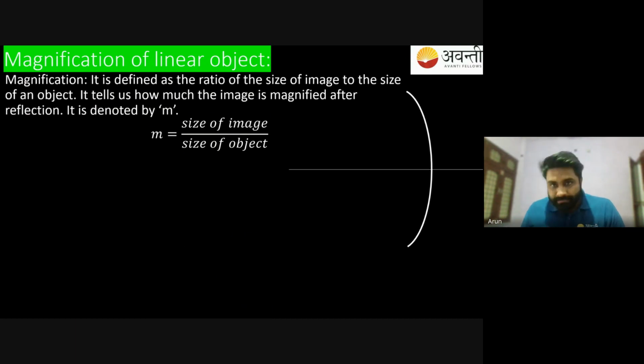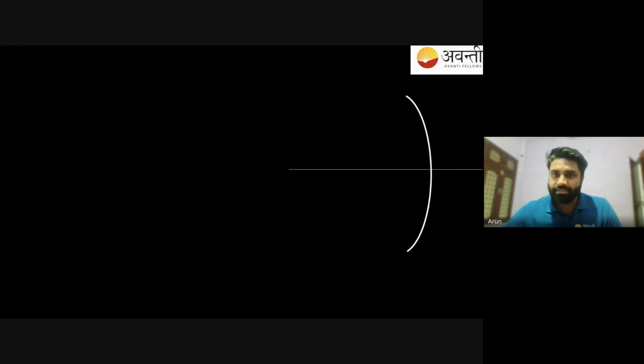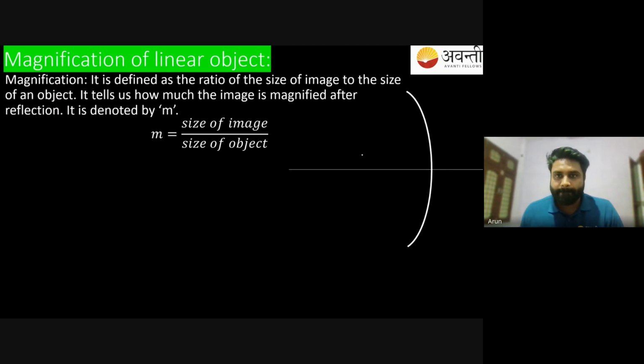Like if we have here like this, just a second. This is the object that we have. Let us suppose this is AB, and after the reflection, this here is the image formed. It is B dash A dash.